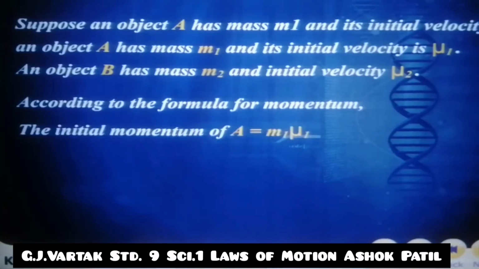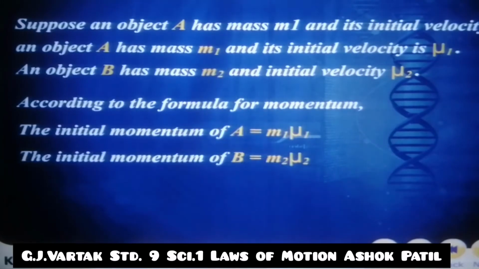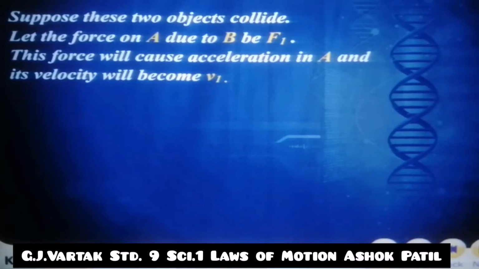According to the formula of momentum, the initial momentum of A is m1u1 and the initial momentum of B is m2u2. Suppose these two objects collide. Let the force on A due to B be F1. This force will cause acceleration in A and its velocity will become v1.